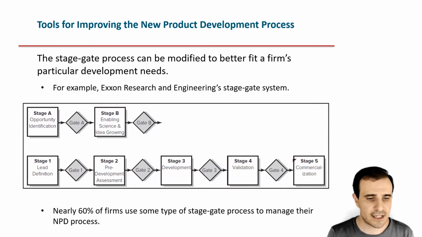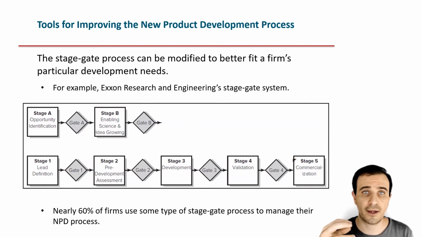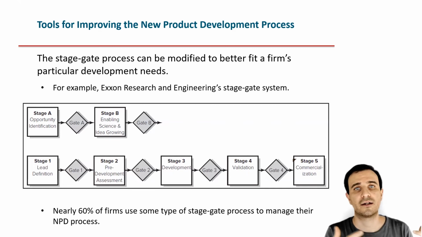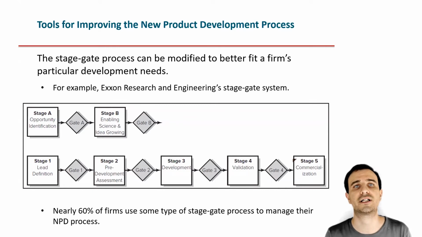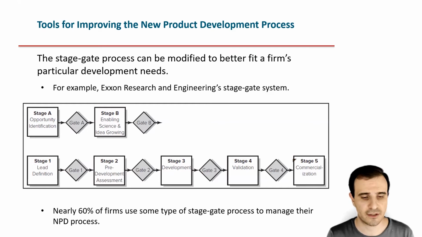Exxon added some additional steps because this was more in line with the type of research and development created by Exxon. Exxon has strong expertise in research and development, and so they added further stages and gates to ensure that the specific nature of the firm was emphasized and valued by this tool.